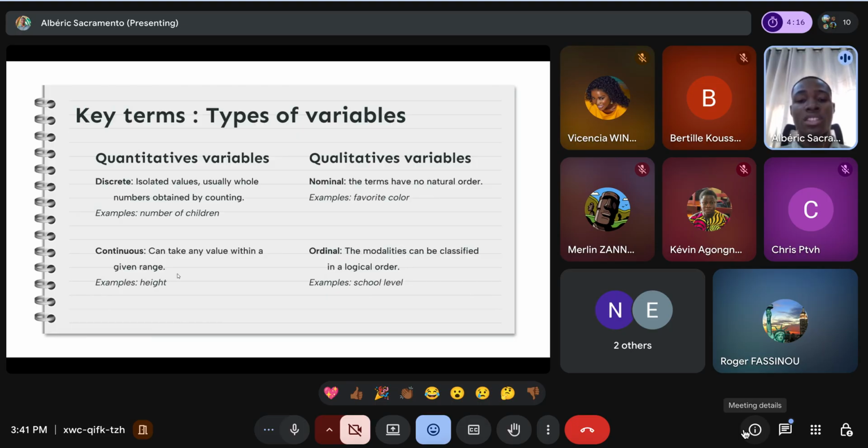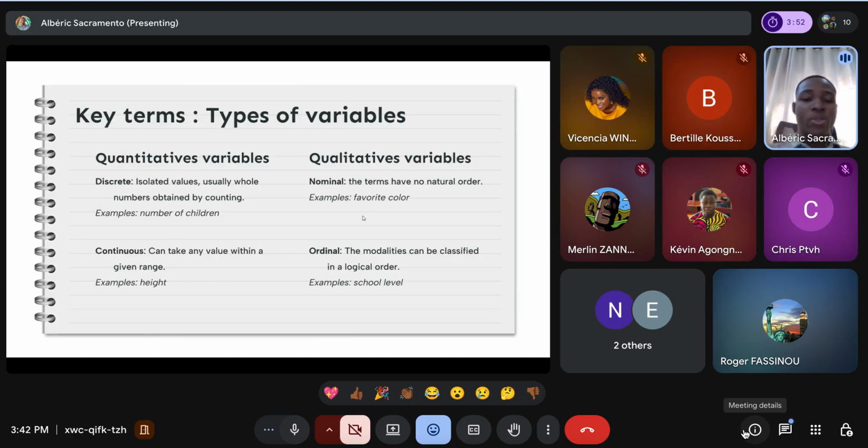Nominal variables are like the colors green, yellow, red, and ordinal variables are like the school level. The modalities can be classified in a logical order. Is that clear for you guys? Yes. Okay, we have the same understanding.